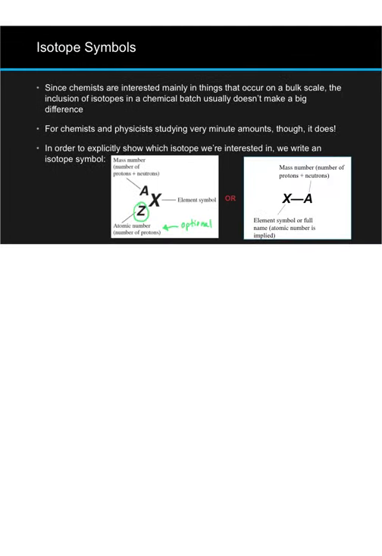To give you a few examples, let's look at some isotopes of different elements. We'll consider the isotope symbol, the number of protons that that isotope contains, the number of neutrons, and the number of electrons.